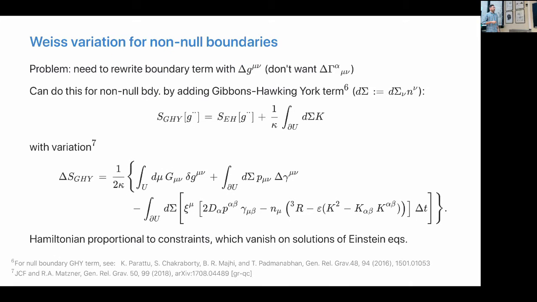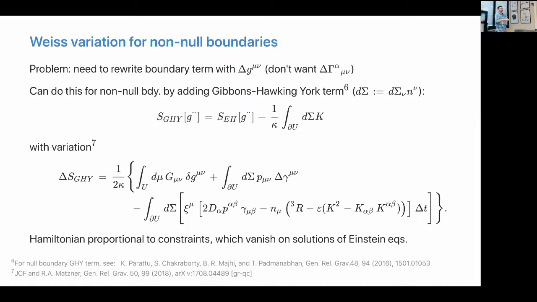Yeah. Well, maybe I should have put this slide before, but what I'm doing here is telling you what happens if you assume that the boundary is either space-like or time-like. And again, you get something that's exactly what you would expect, which I guess is nice, but it was a little disappointing because I was hoping to get something interesting, and I got, well, exactly what you expect. This here is the momentum constraint.